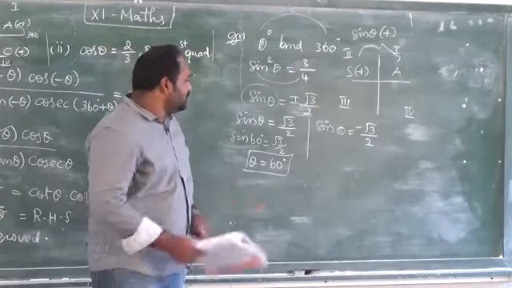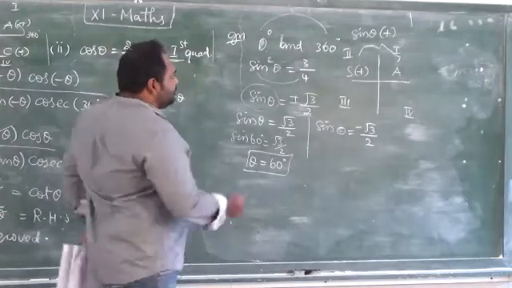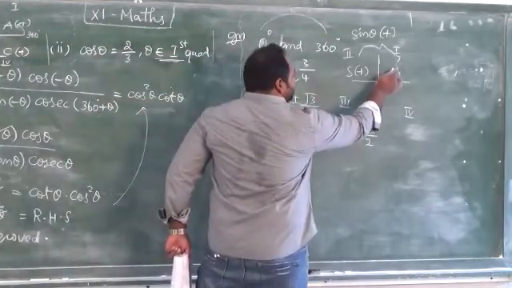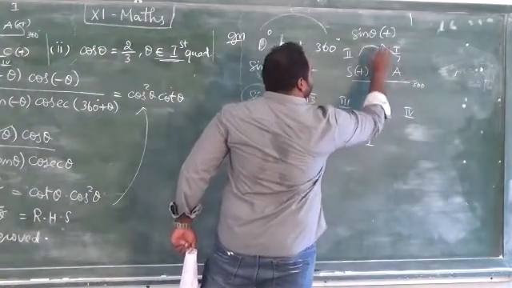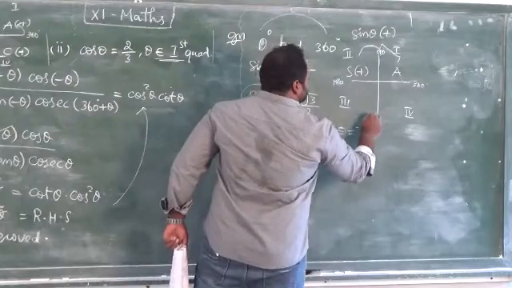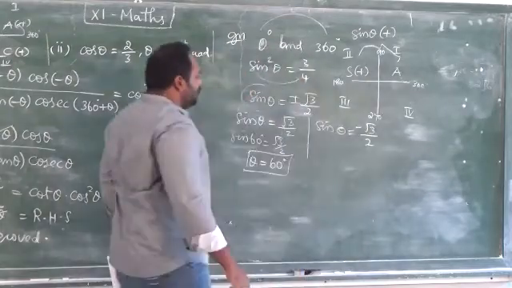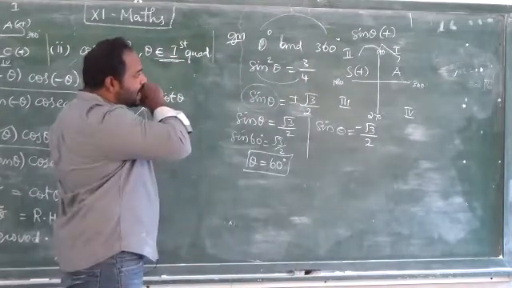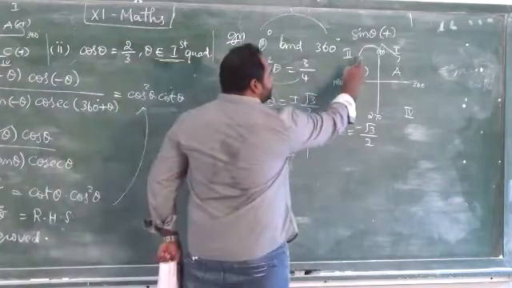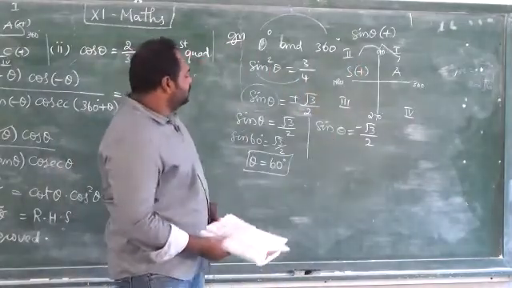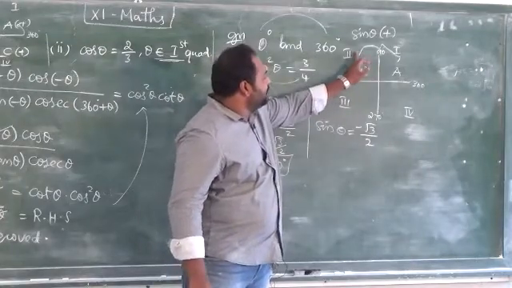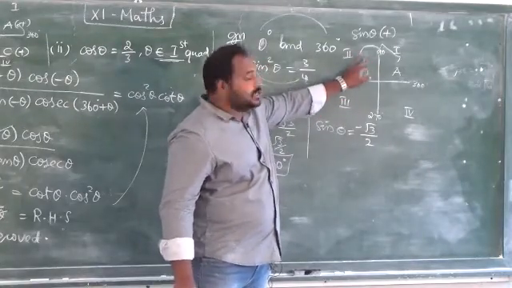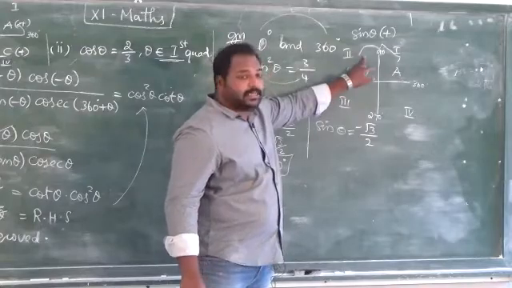Okay, one is over. Next, in the first quadrant it is positive, isn't it? So here we know 360 degree, 90 degree, 180 degree, 270 degree. Now in the second quadrant also positive. What are the values in the second quadrant? 90 plus and 180 minus.